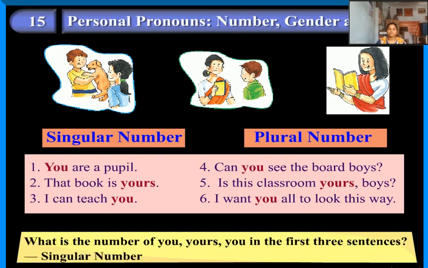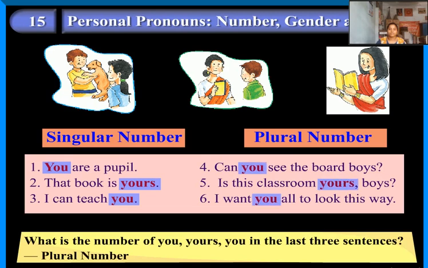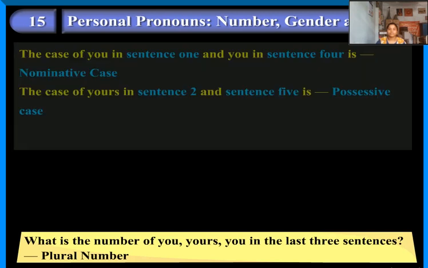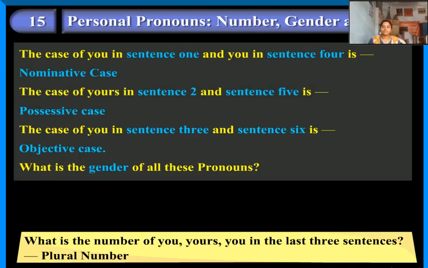What is the number of you, yours, you in the first three sentences? Singular number. What is the number of you, yours, you in the last three sentences? Plural number. The case of you in sentence 1 and you in sentence 4 is nominative case.